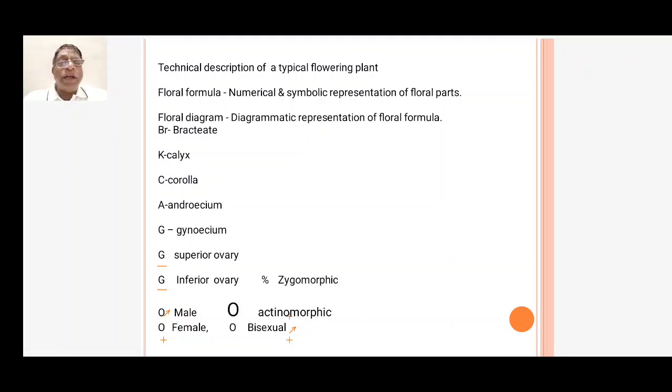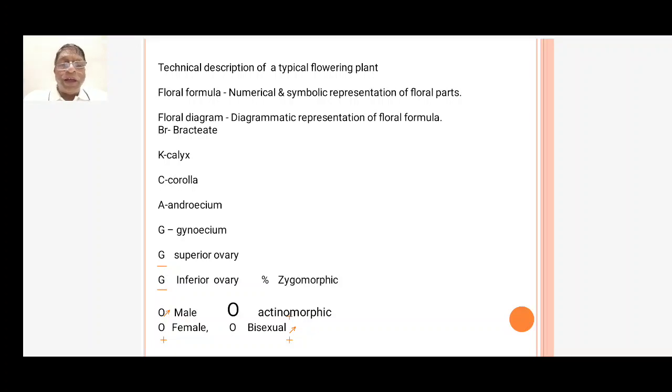Complete or incomplete. Hypogynous or epigynous flower. We study the flower for all these characters. Then each floral part: calyx, corolla, androecium, gynoecium, fruit, floral formula, and floral diagram.